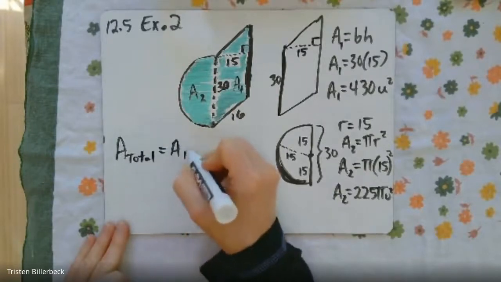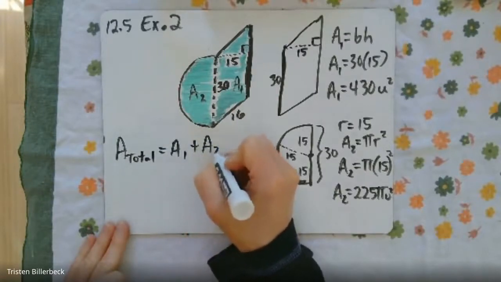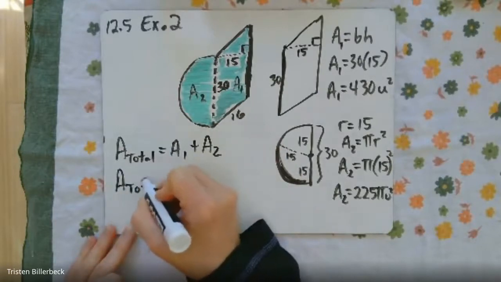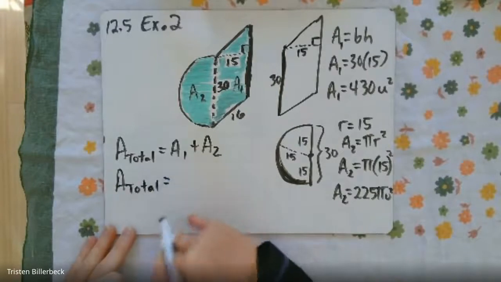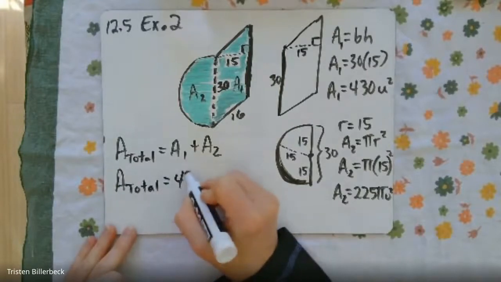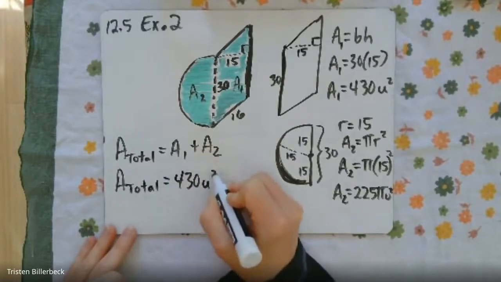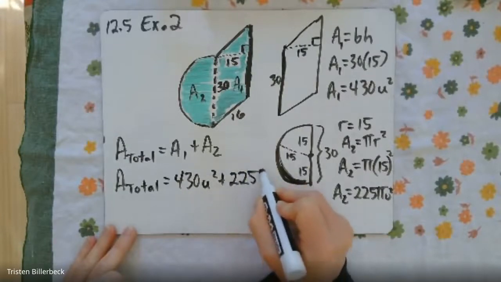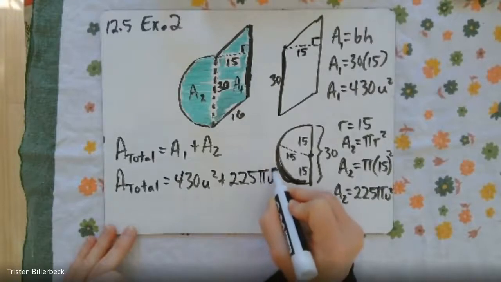So A total equals A1 plus A2. So A total equals A1, which was 450 units squared, plus 225 pi units squared.